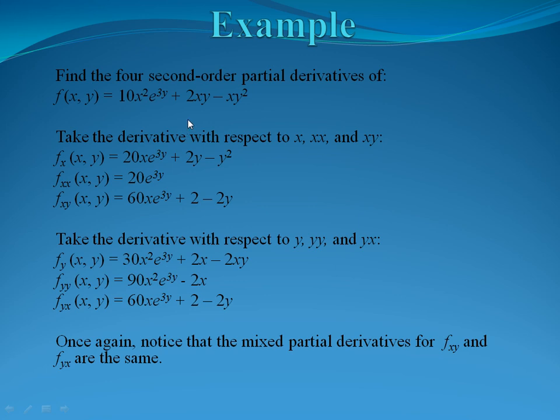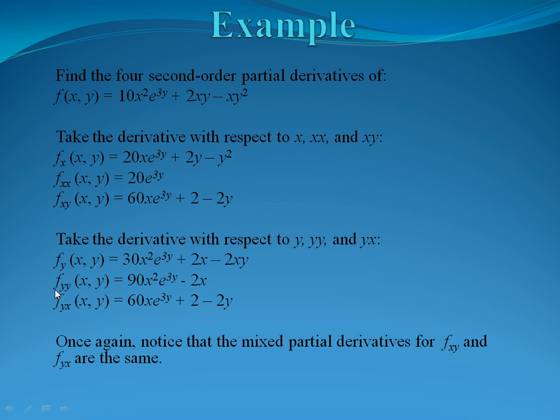For our second term, we have a constant times y, which means the derivative is just that constant of 2x. For the last term, since our variable here is y, the 2 comes down to multiply the x, and we get minus 2xy. So our first partial with respect to y is 30x squared e to the 3y plus 2x minus 2xy.